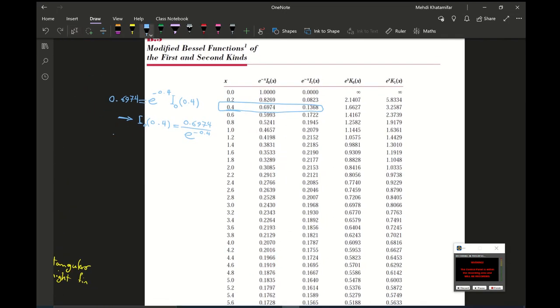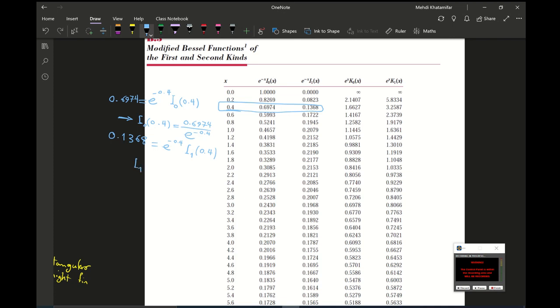Let's find the other one. So 0.1368 is going to be equal to e to the power minus 0.4 times the other Bessel function.